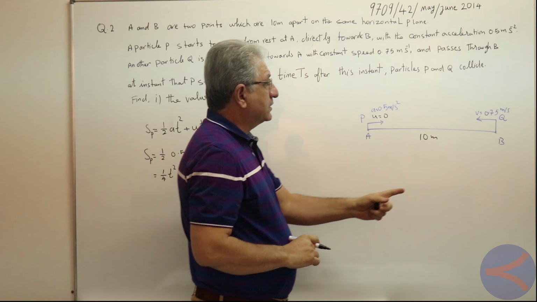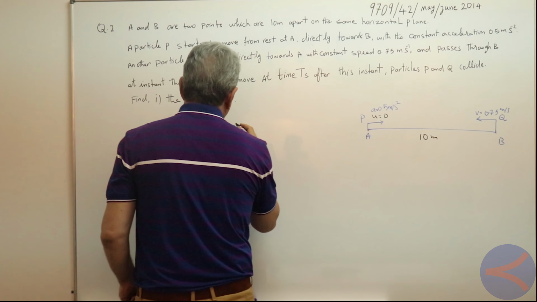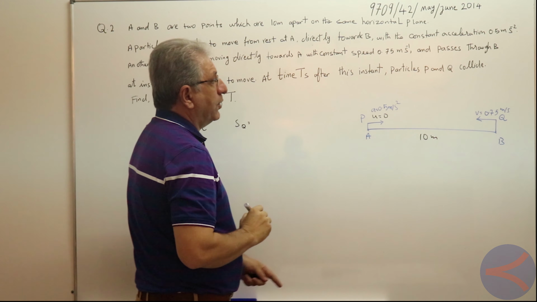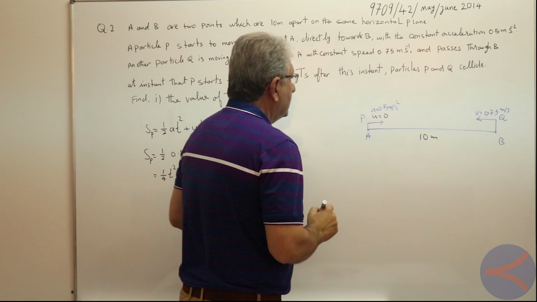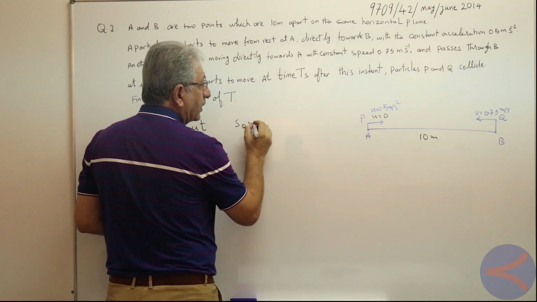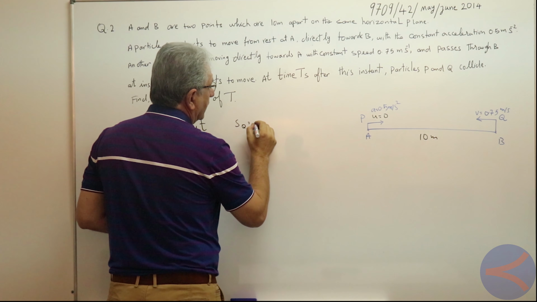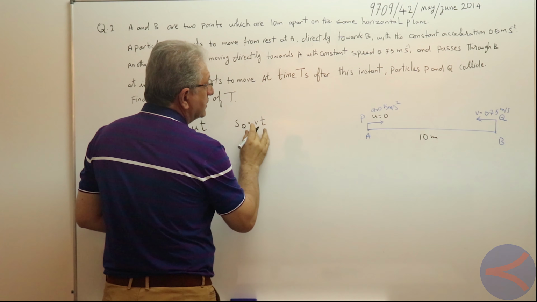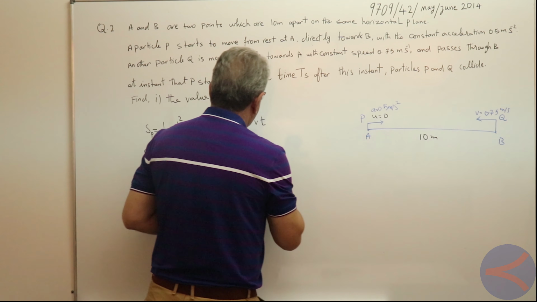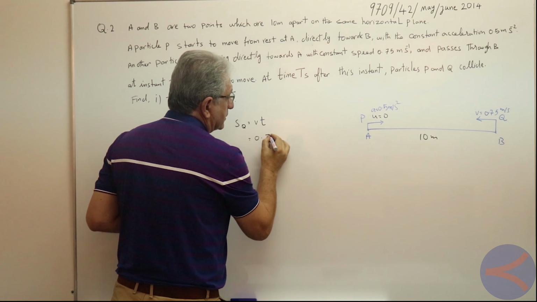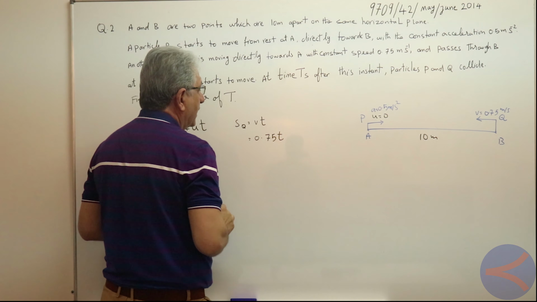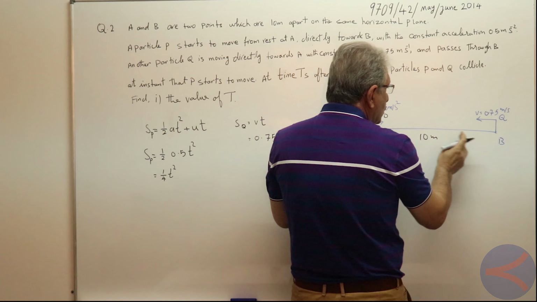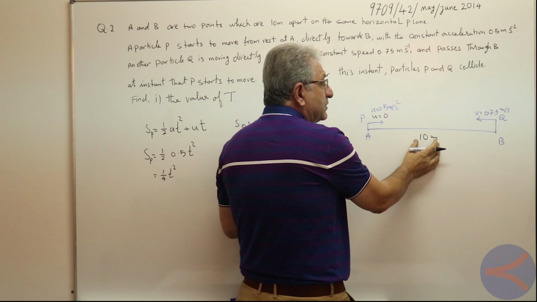Now, what about the other particle? If we call it SQ, the distance particle Q has traveled is equal to v times t. Now, v is 0.75, therefore it is 0.75t. We know that when they collide, these two together have traveled 10 meters.